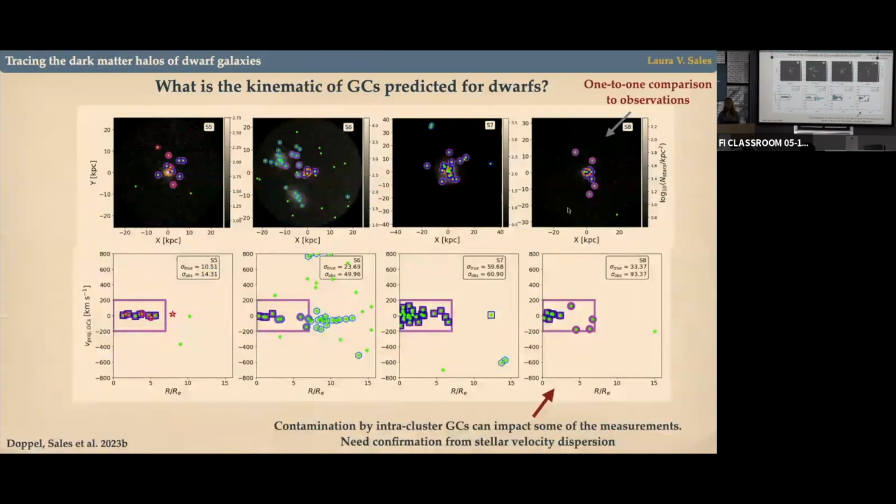These are 4 examples of simulated UDGs for which we tag the globular clusters and we select them in the same way as the observers. While in most cases we pick up the right globular clusters, the ones associated with the dwarfs, highlighted with the blue squares over here, in some cases you can have interloper globular clusters coming into your selection box, shown here.